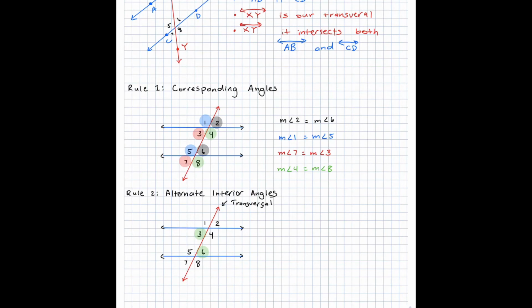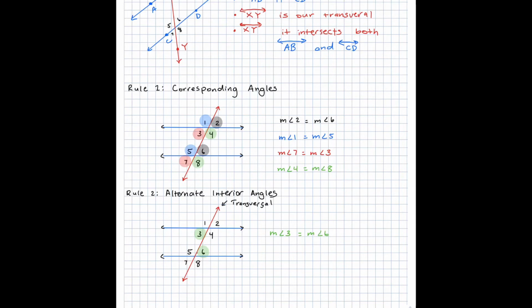What alternate interior angles tells us is these two angles have the same measurement. So the measure of angle 3 is congruent to the measure of angle 6.